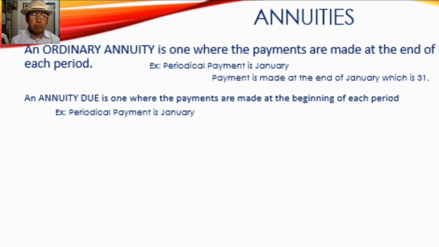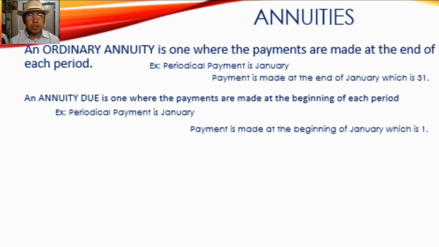When are you going to pay during this month? Is it January 1 or January 31? It is always the first day of January. So January 1. Okay? So that is the annuity due and ordinary annuity.